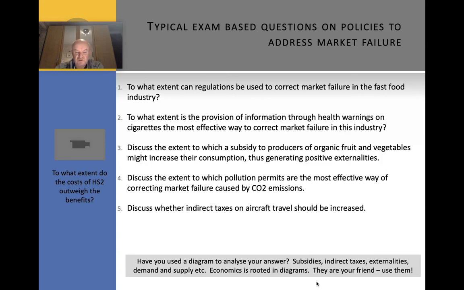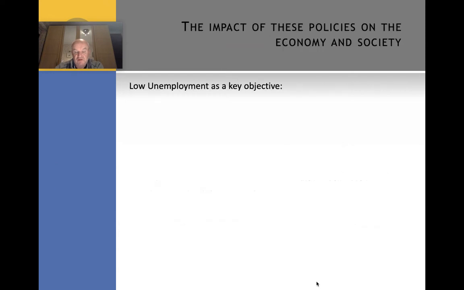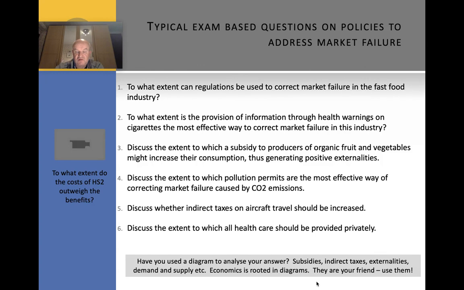Another example: discuss whether the indirect taxes on air travel should be increased. And another one: discuss the extent to which all healthcare should be provided privately. So there are a number of questions, and each one of those is essentially asking a question in a certain way. So understanding what it is and planning that process would clearly be a very good thing to consider.